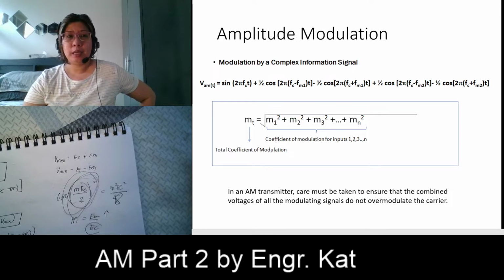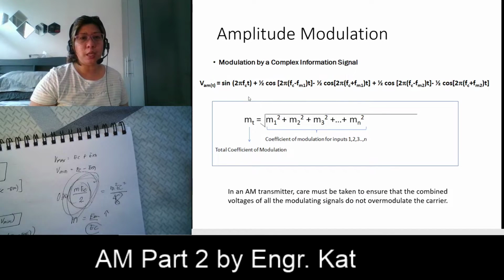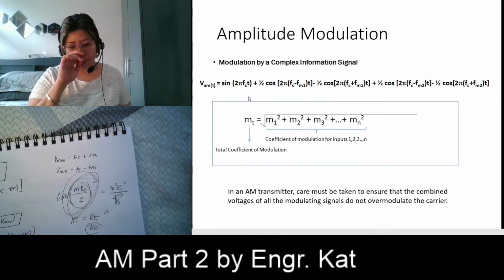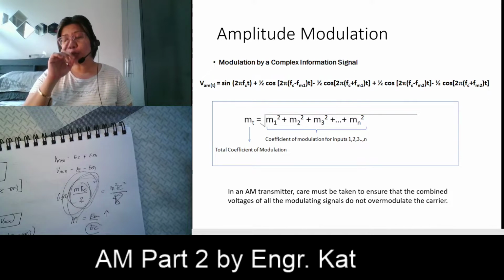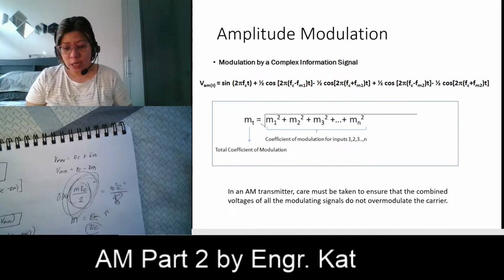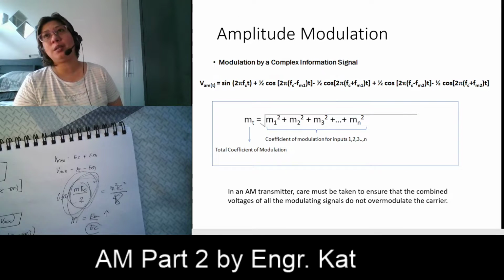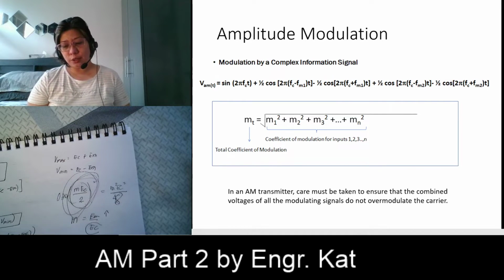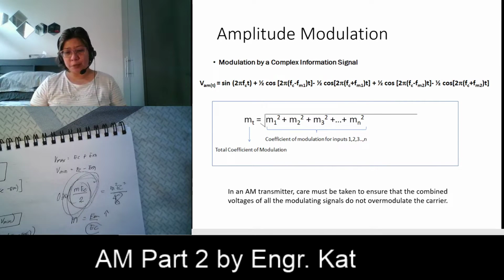Okay, so we have here modulation by a complex information signal. In our previous discussions, we were only considering a single modulating signal waveform. Our modulating signals that we considered are just a single frequency.